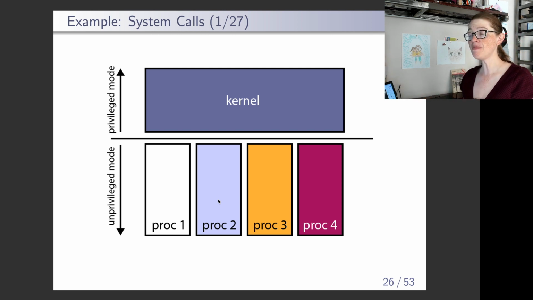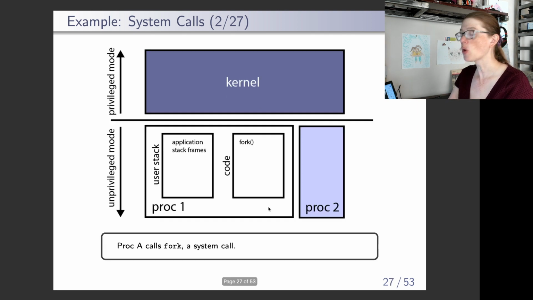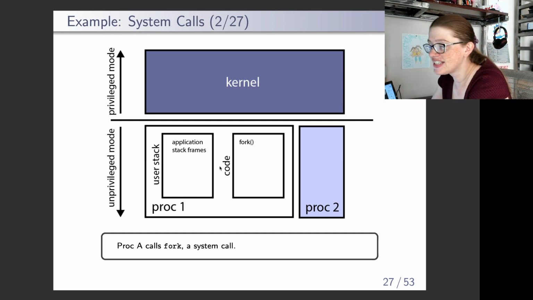Remember again that our user processes run in an unprivileged mode, and our kernel runs in privileged mode. We've got a bunch of user processes here, but we're only going to deal with 2 of them. Our user process 1, which I've also called process A, has a user stack, and we are running user application code.